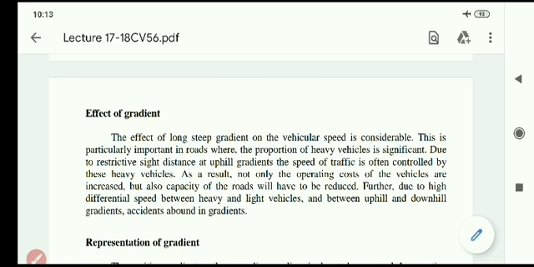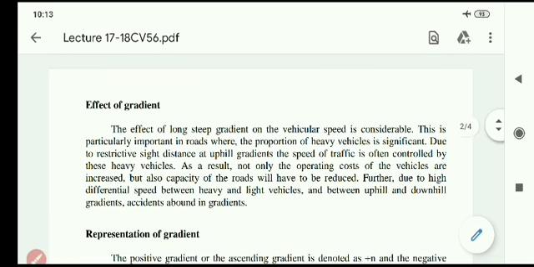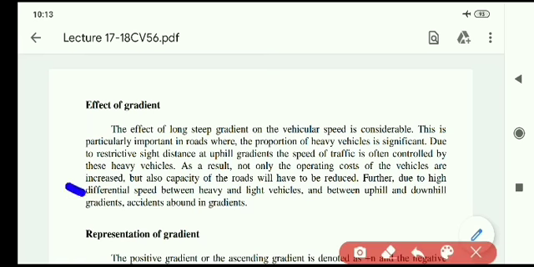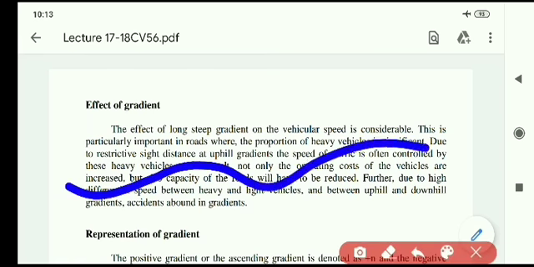Further, due to the high differential speed between heavy and light vehicles, on uphill and downhill gradients accidents abound. See what happens: if undulations are there, the speeds will always vary. This will affect the riding quality, and it will also affect the quality of operation.